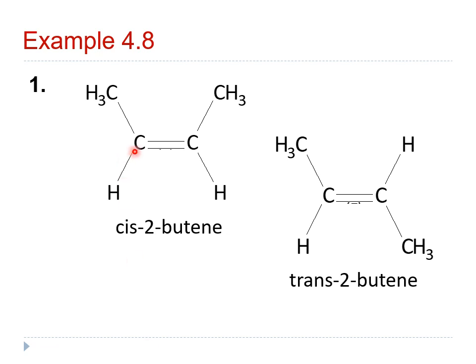The left and the right carbon has CH3 and H, a different group attached to the restricted carbon, and when it is on the same side, it is a cis, and if it is on a different side, methyl here, hydrogen here, it is a trans.